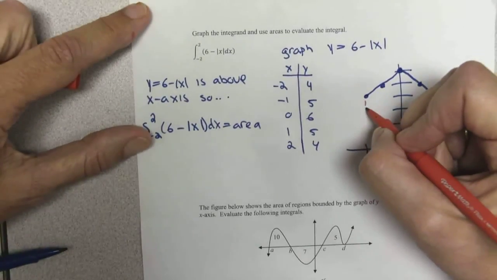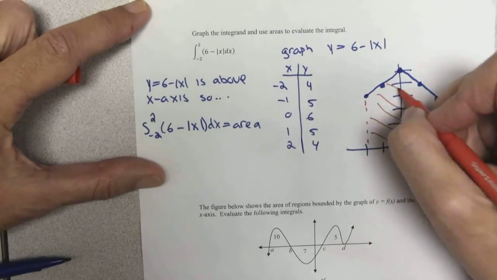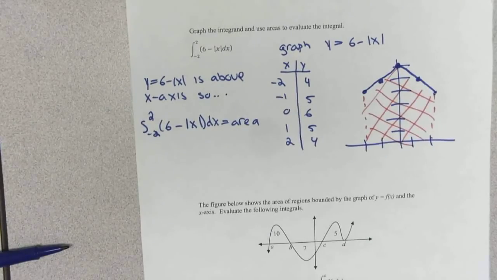Specifically, if I drop this down, it's going to equal that area. And so there's the logic, and we're going to end this video and actually find that area on the next video.